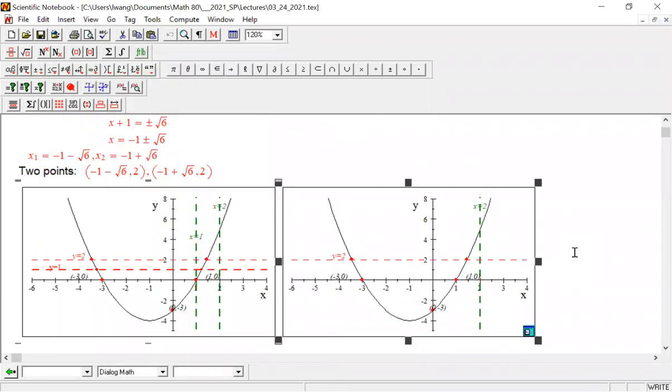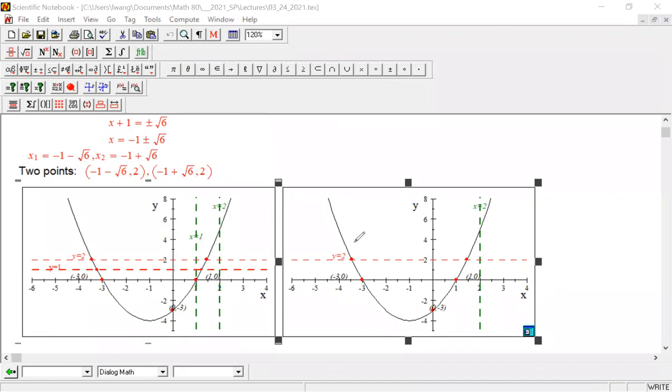We just don't want it to be too busy. Is that clear? So this is x equals 2, y equals 2. Do you guys see that? Now I want you to mark these two dots right here. Does everybody follow me?